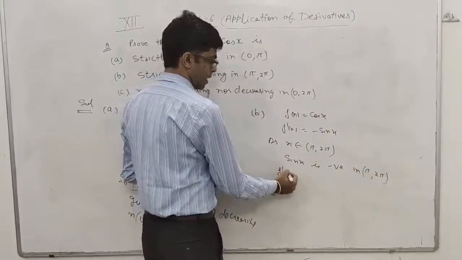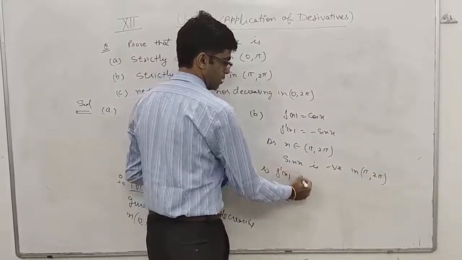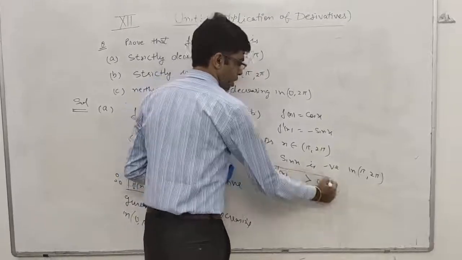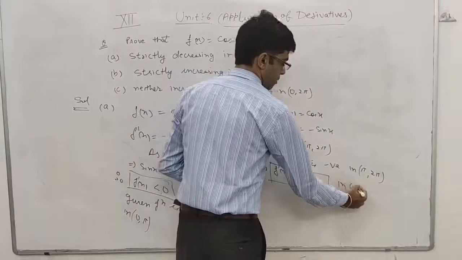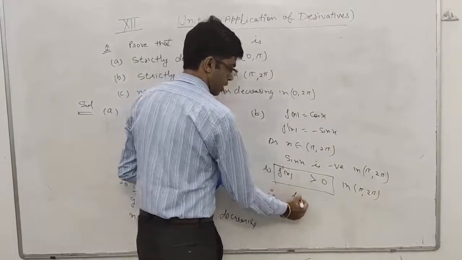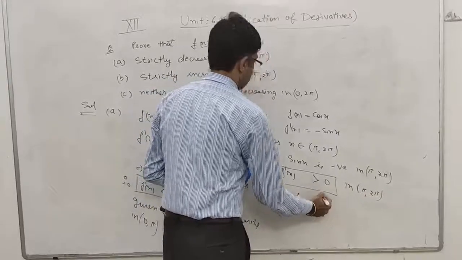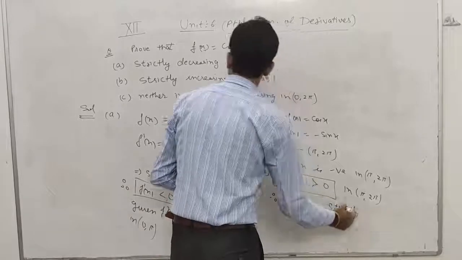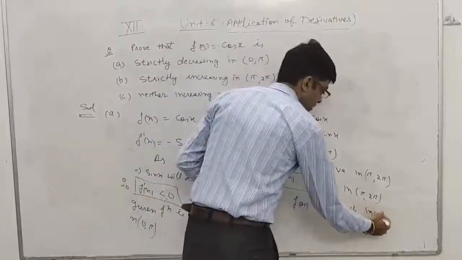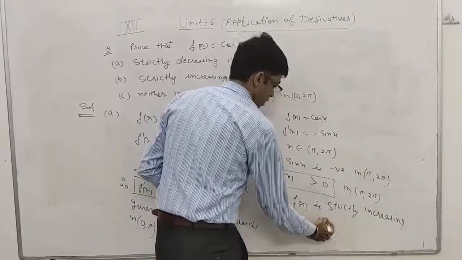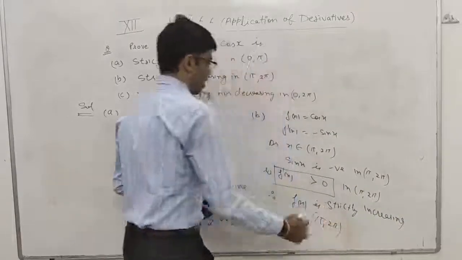So f dash x is greater than 0 in pi to 2 pi. Therefore, function f(x) is strictly increasing in pi to 2 pi.